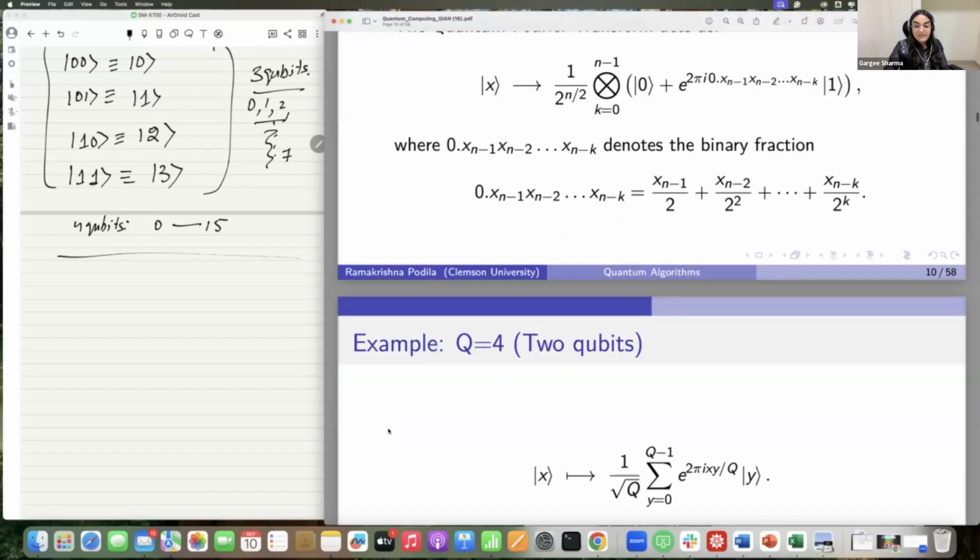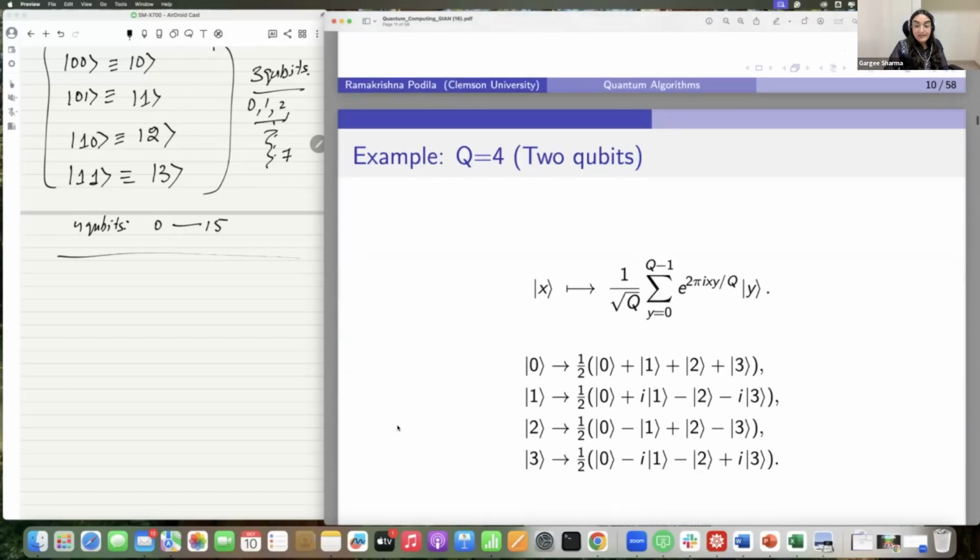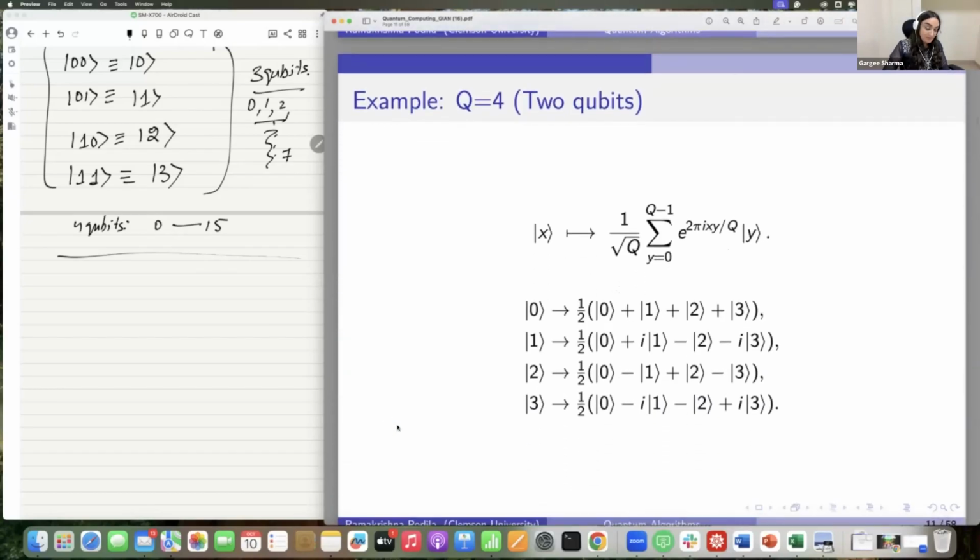So let's see an example for 2 qubits, 0, 1, 2, 3. I want to find the Fourier transform, so let's just do it for one of them. 1 divided by square root of the number of states, which is 4.